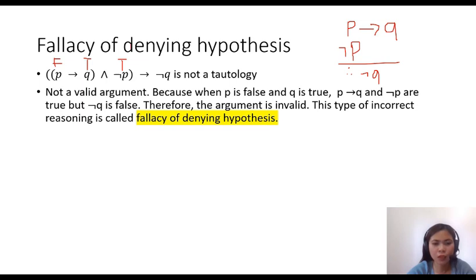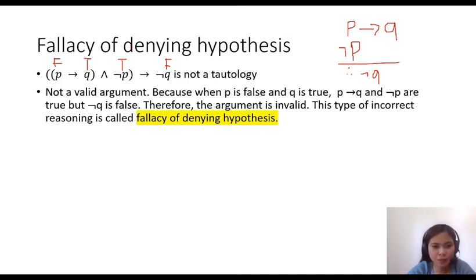And then not Q here is false. So as you can see, the conclusion is false, right? So therefore, the argument is invalid. So this type of incorrect reasoning is called the fallacy of denying the hypothesis.